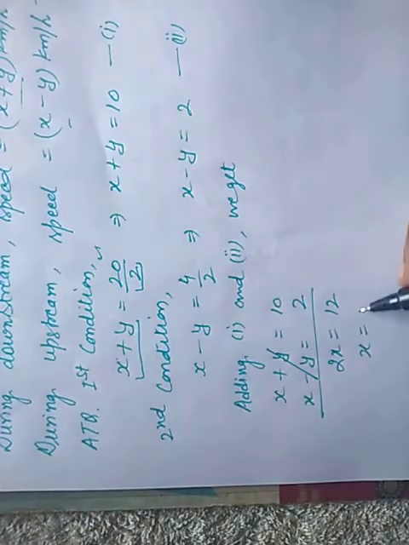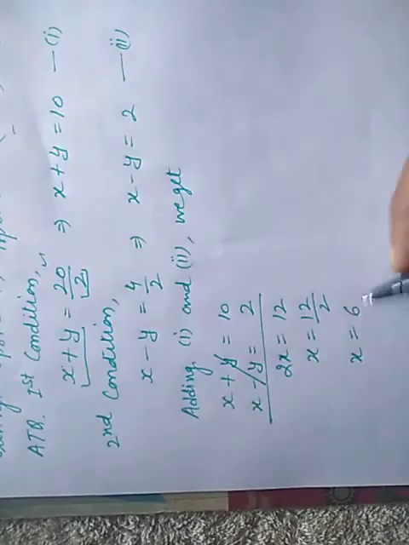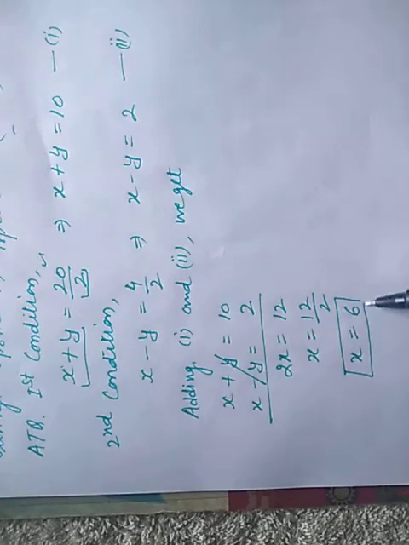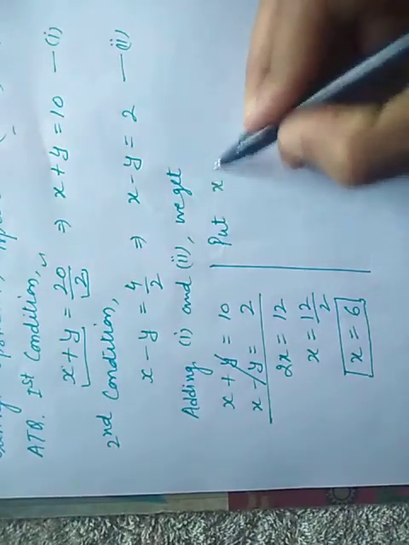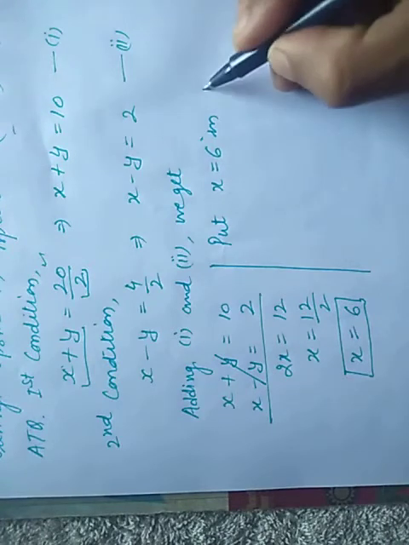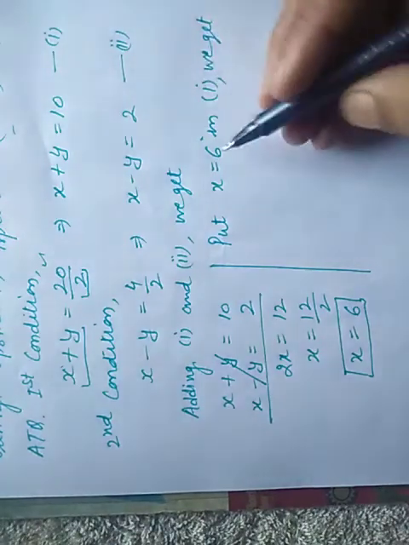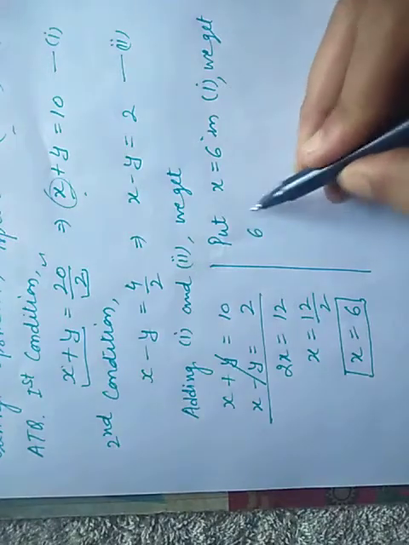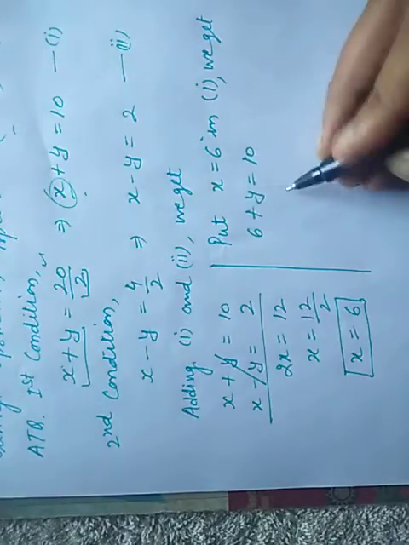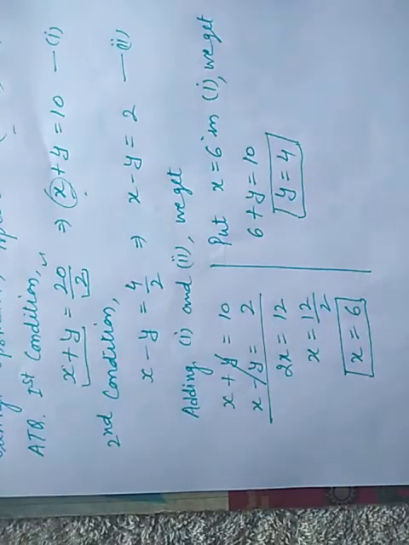So x will be 12/2, and finally the value of x will be 6. Okay, and to find the value of y we have to put x is equal to 6 in equation 1. So we will put the value of x here. It will be 6 plus y is equal to 10, and y is equal to 10 minus 6, so y will be equal to 4.